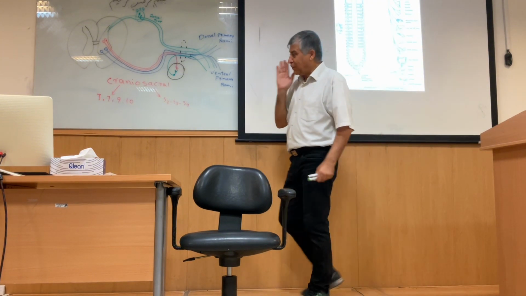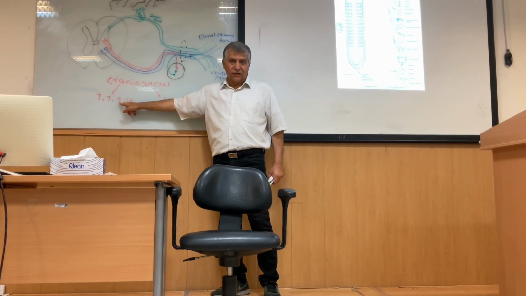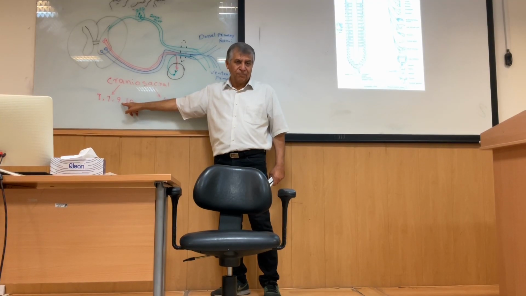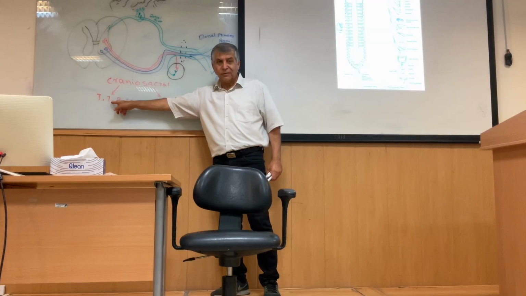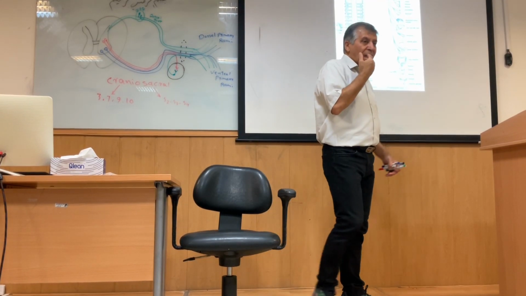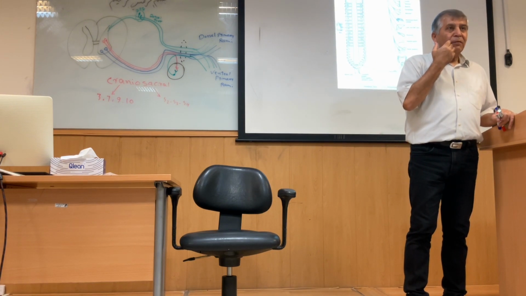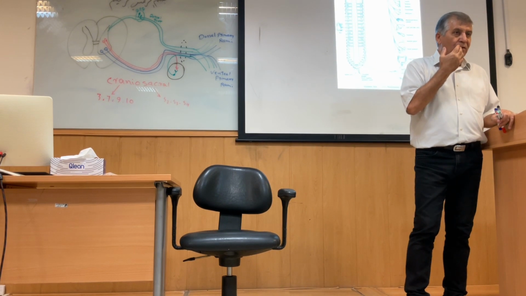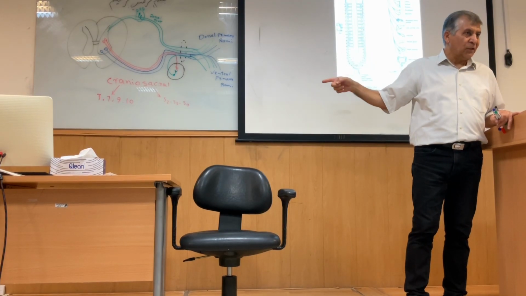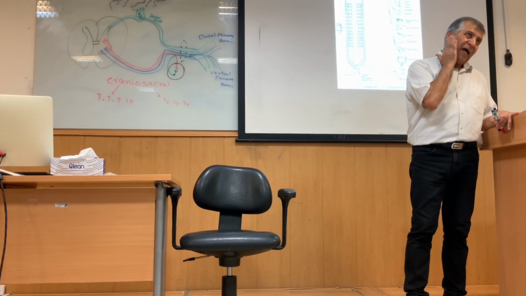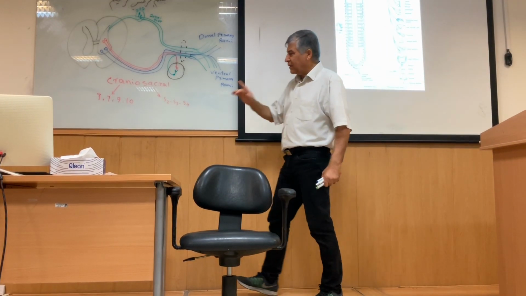The parotid gland is stimulated by the ninth cranial nerve. Sadness, crying: which nerve stimulates the lacrimal gland? The seventh. The salivary glands of the oral cavity: which cranial nerve stimulates them? The seventh. Just this gland, the parotid, is stimulated by the ninth.